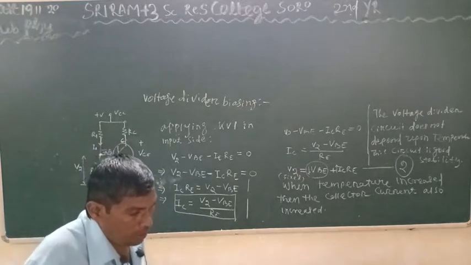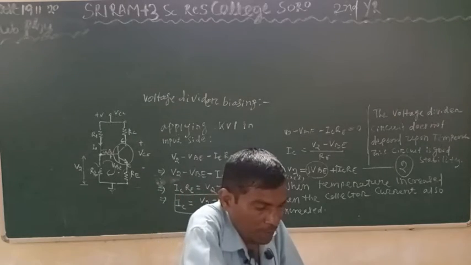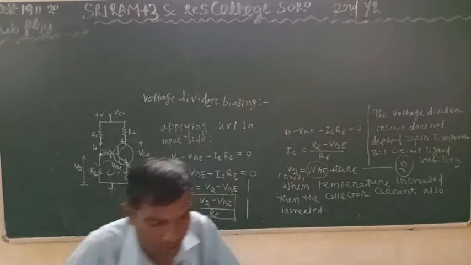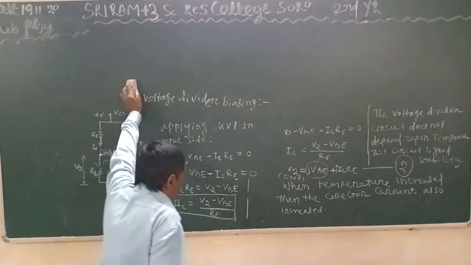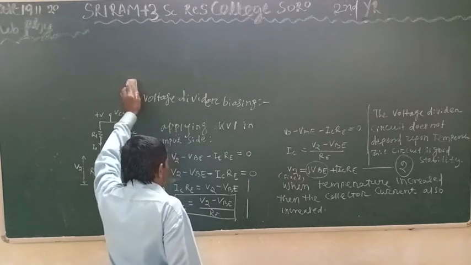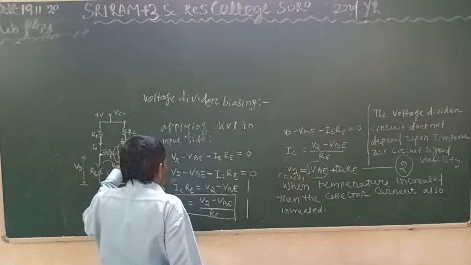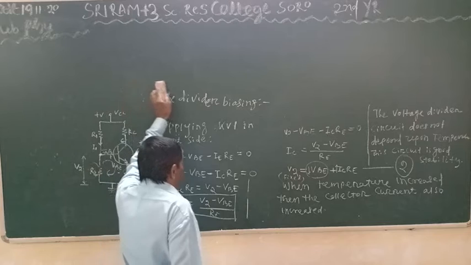Now we apply Kirchhoff's voltage law on the output side. Now we calculate the voltage from collector to emitter.